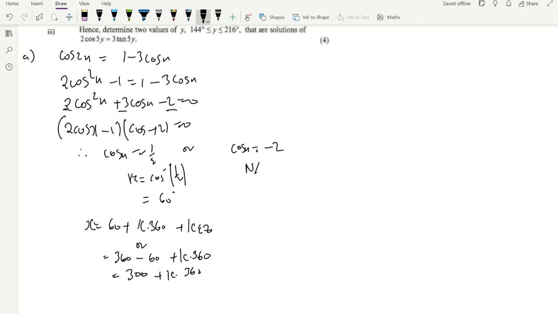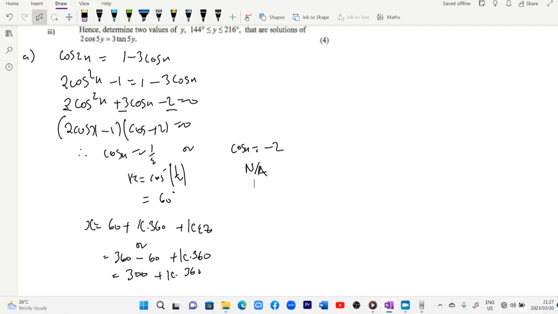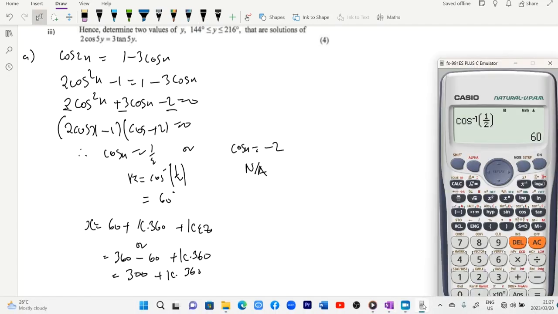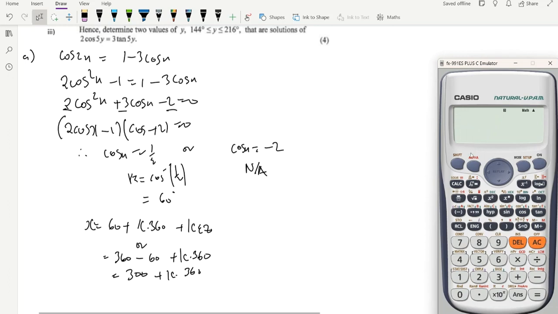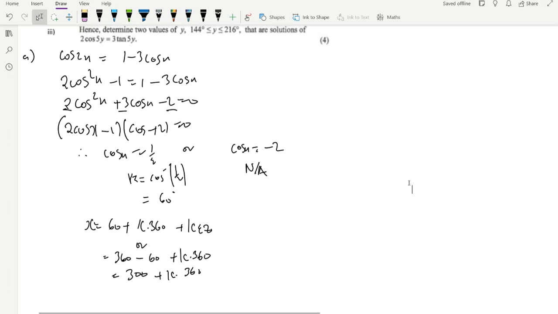On this one, wow, there is no solution because the maximum value of cos is +1. But let us confirm our answer. Our answer is supposed to give us math error.